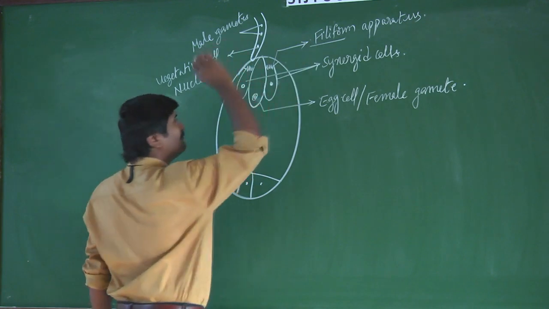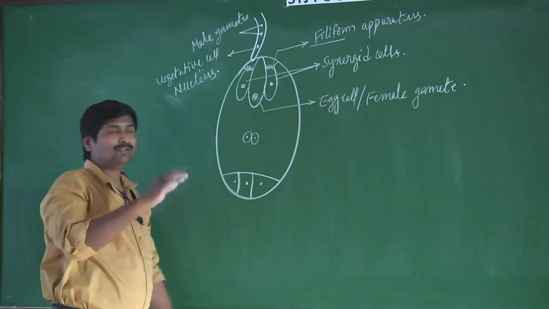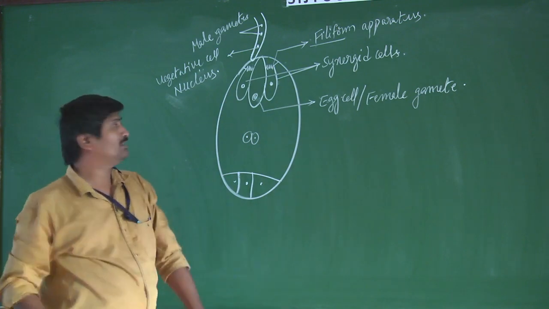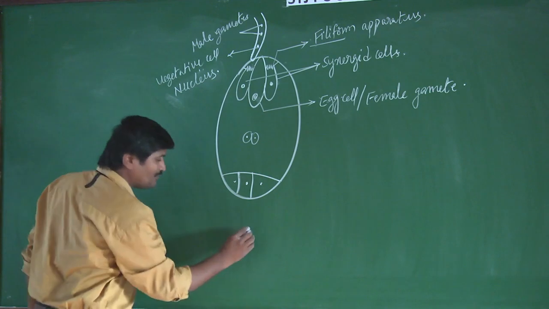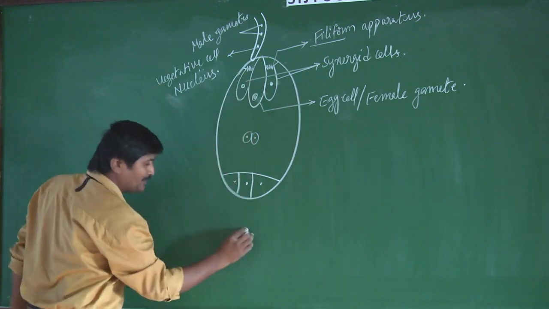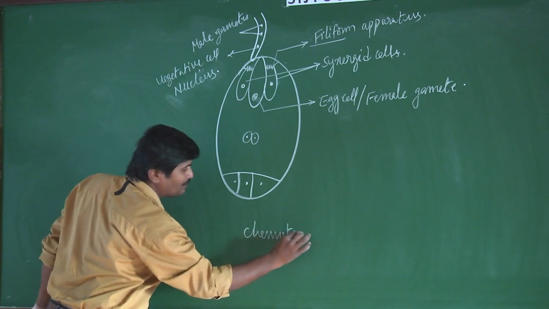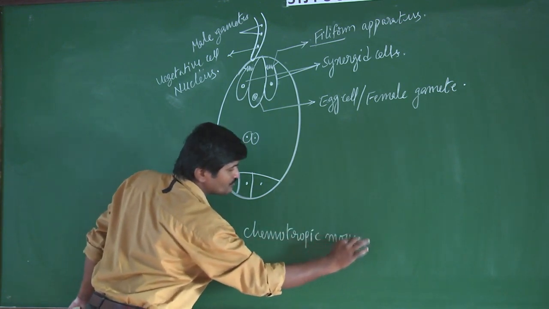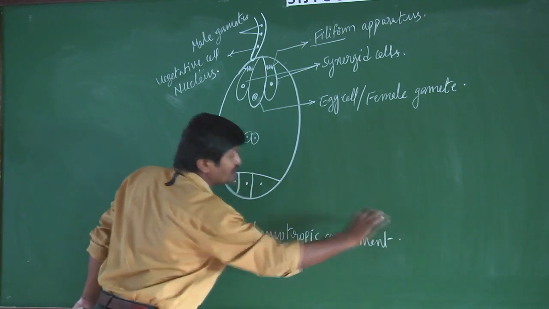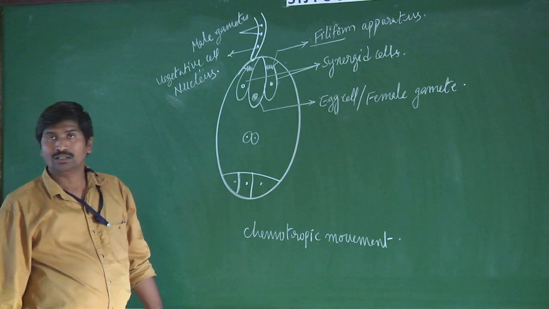Now, with the help of the chemicals, the pollen tube is attracted towards the micropylar region. That's why the pollen tube is attracted to the micropylar region with the help of chemicals. This is known as chemotropic movement. The pollen tube growth is known as chemotropic movement.